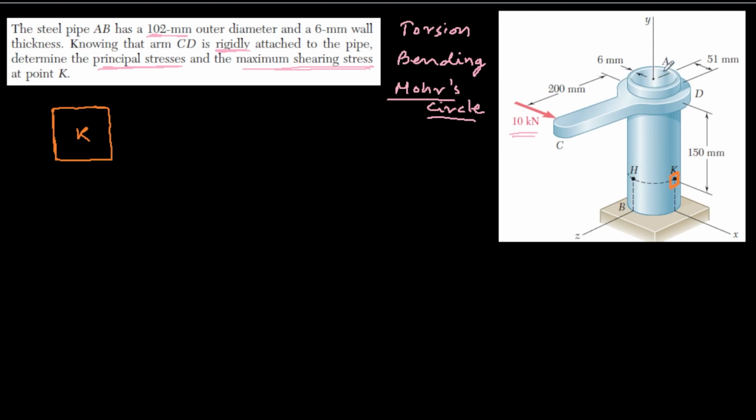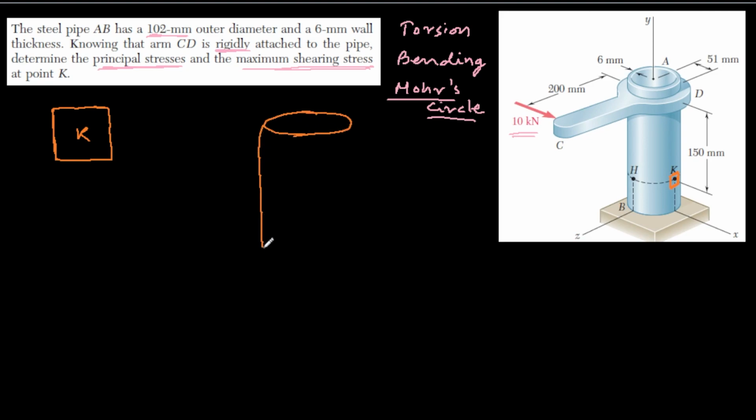We are not being asked anything related to the arm, so we can simply transfer this force onto the pipe, so the problem is simplified and the arm is gone. Let me draw the situation.